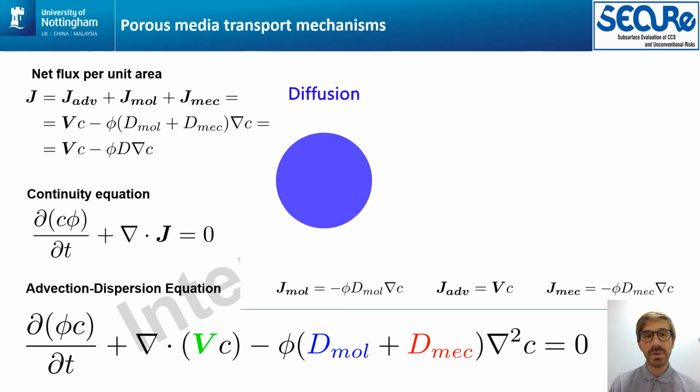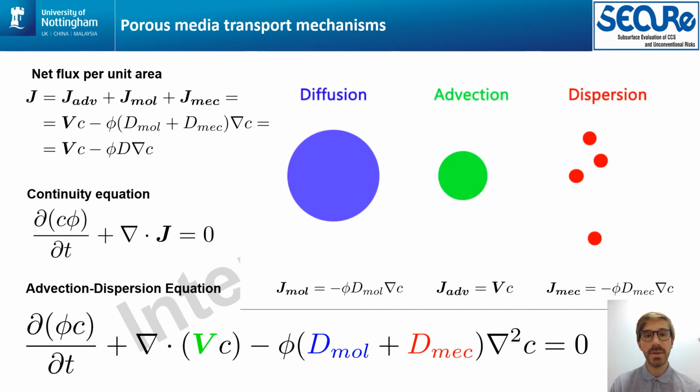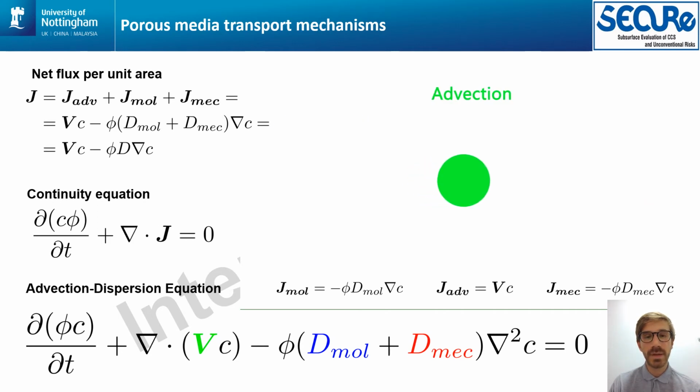So, transport in porous media at Darcy scale can typically be ascribed to the simultaneous contribution of three main physical mechanisms: molecular diffusion, advection, and mechanical dispersion.